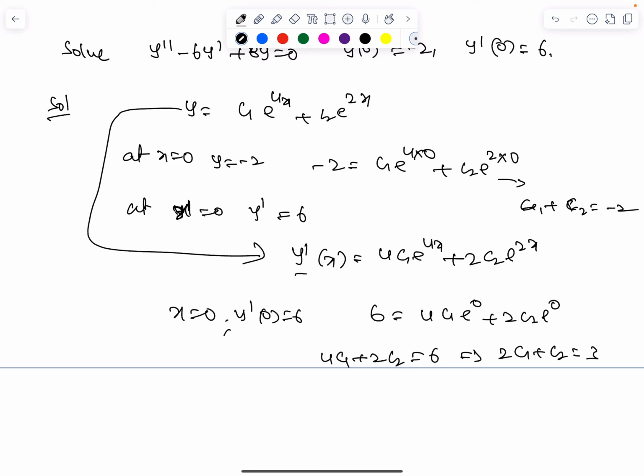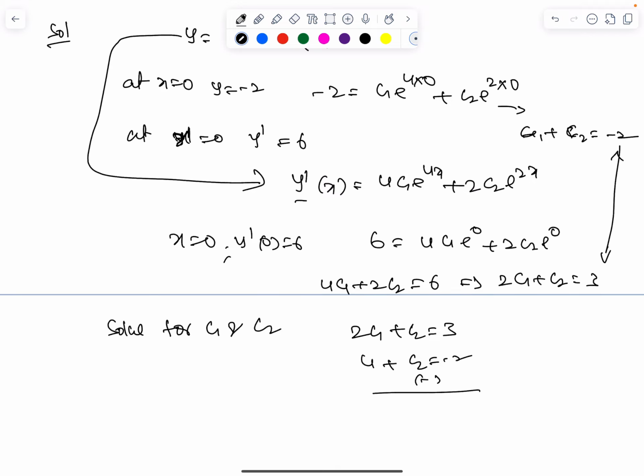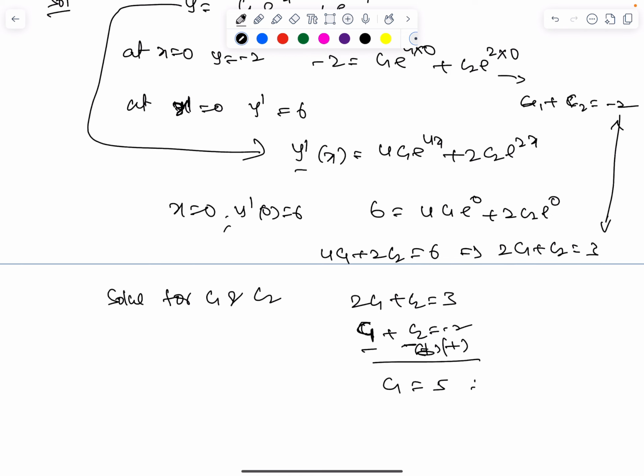Now, I can solve for c1 and c2. If I subtract 2c1 plus c2 is equal to 3 and c1 plus c2 is equal to minus 2, I get c1 is 5. Now substitute here, 5 plus c2 is equal to minus 2, c2 is equal to minus 7.